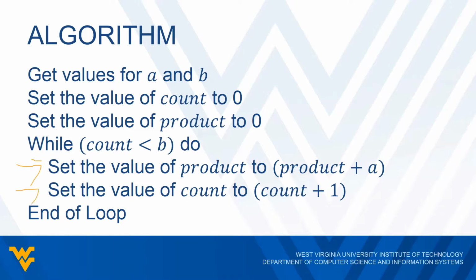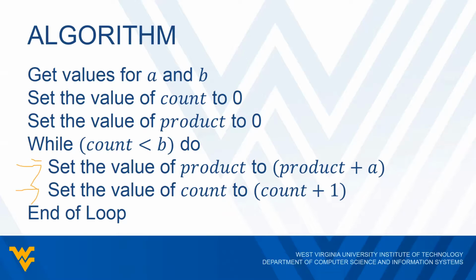I don't think we mentioned this before, but that way it's easy to tell what lines are part of the body of our loop. Here we're going to set the value of product to product plus a. So we're just taking what's already in product and adding a to it. And then we set the value of count to count plus 1, which means we're simply adding 1 to the value of our count. And then we just go back to our while loop and we keep repeating this b times. And then that would give us the product of a and b.